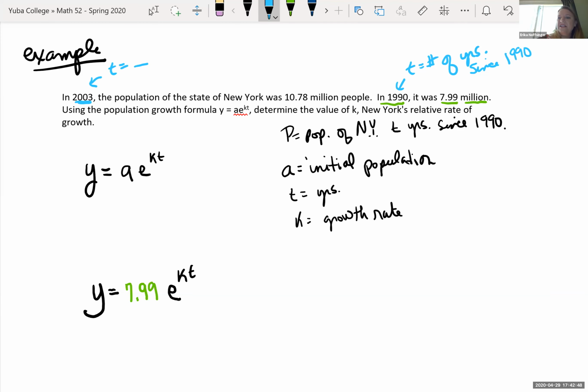So in 2003, that's 13 years. We're given what the population is then, and so that is what Y is. We were given that in 2003, when T is 13, there's 10.78 million people.